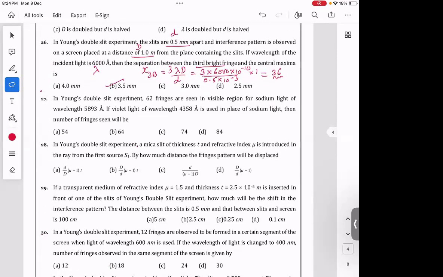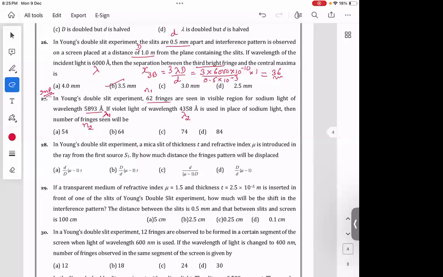This is very important, students. In Young's double slit experiment, how many fringes are seen? Let us say N1, 62 fringes, for the wavelength 5893 angstrom, lambda 1. For the second wavelength 4358 angstrom, what will be the number of fringes N2?